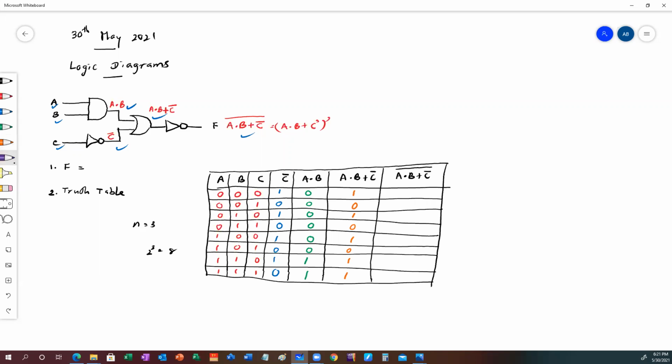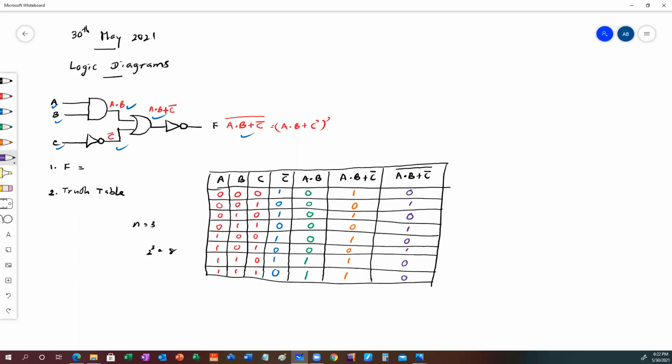Then the last one is the inversion of this one, A and B OR C bar, because of the full bar. The opposite of that. Then 0, 1, 0, 1, 0, 1, 0, 0. This is the truth table.